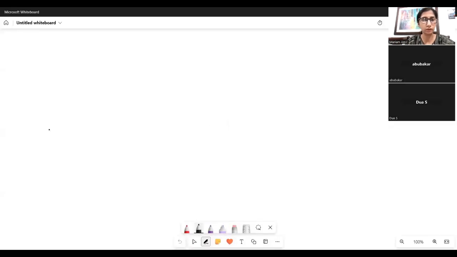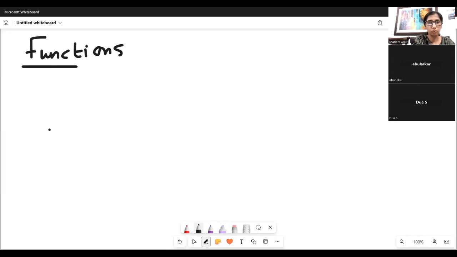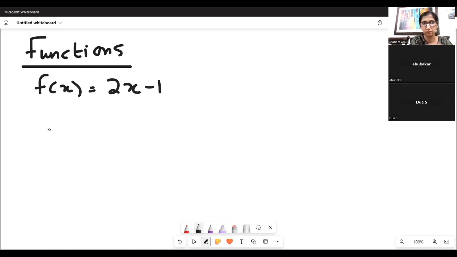Today we're going to discuss the topic of functions. From O levels, we know that a function is an expression like this. Let me also write g(x) equals, let's say, x squared.